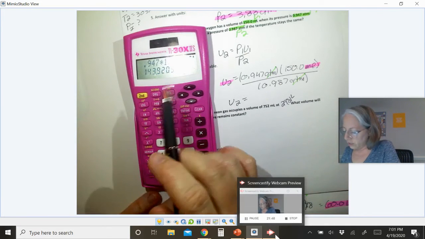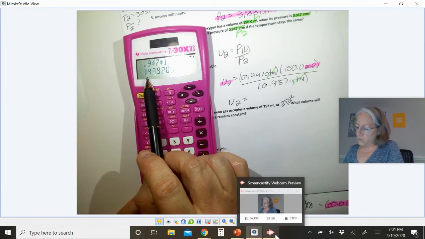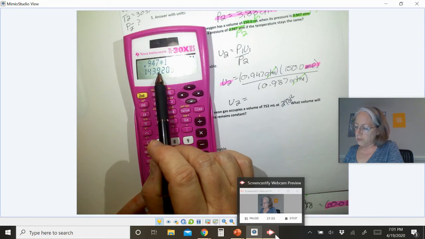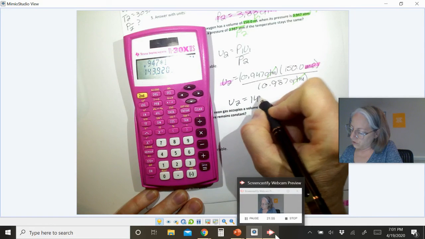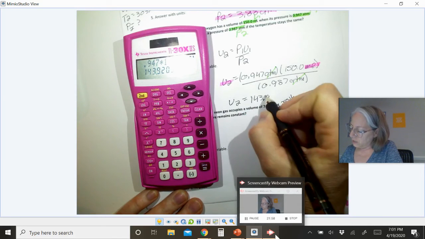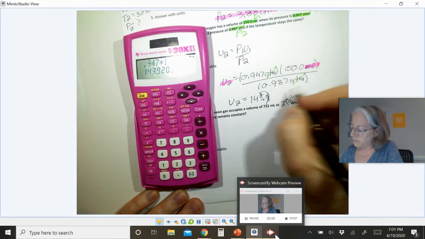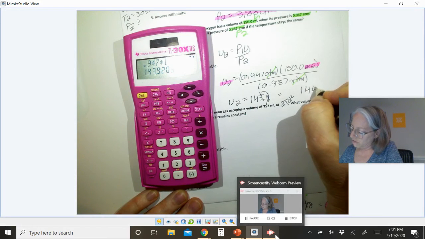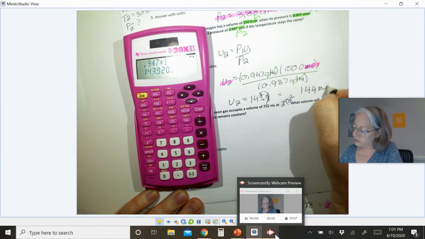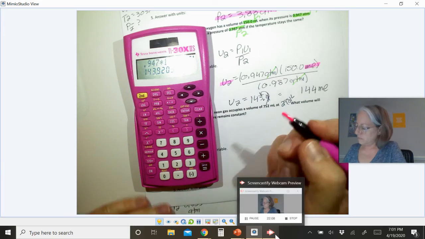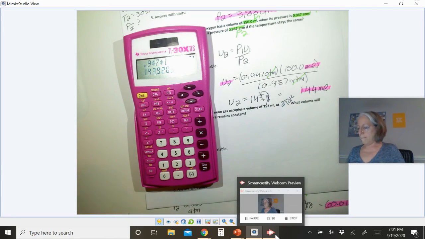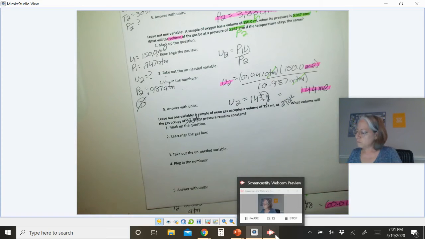When you look at your calculator, 3 digits is 143.9. We're keeping 3. Dropping the 9, we round up. 144 milliliters is the unit. Okay. So when you only have 2 variables given, you get to take something out and leave it out. And that is the way the next one works as well.